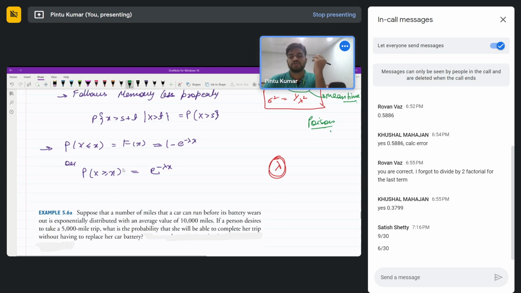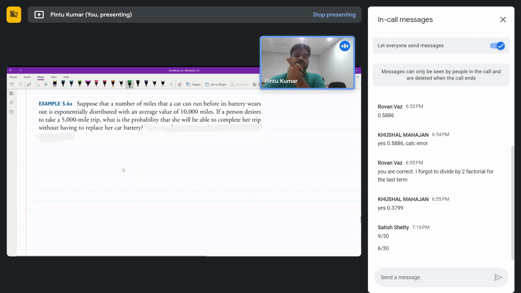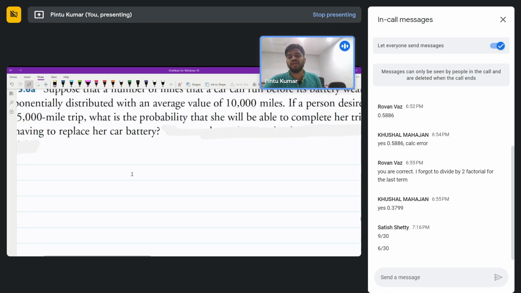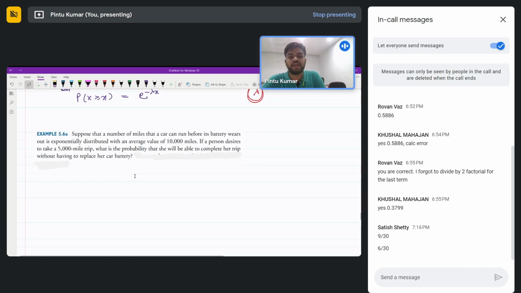So let's solve an example first, then we will go to what the memoryless property is. It says that suppose the number of miles that a car can run on a battery is exponentially distributed with an average of 10,000 miles. So your mean is given to be 10,000 miles, after which your battery will die or you will have to replace the battery.